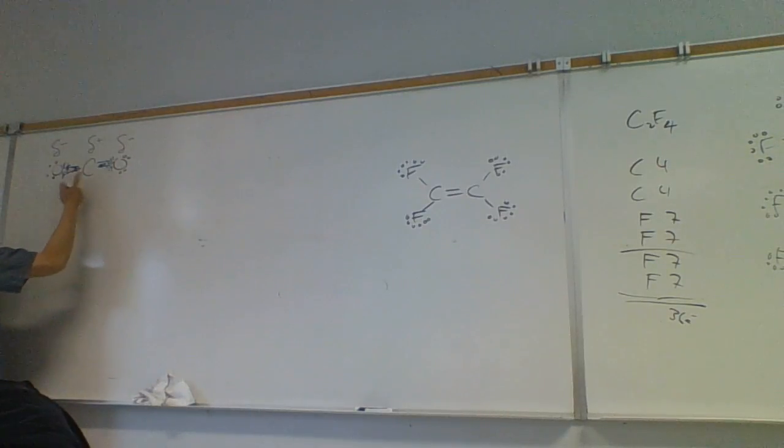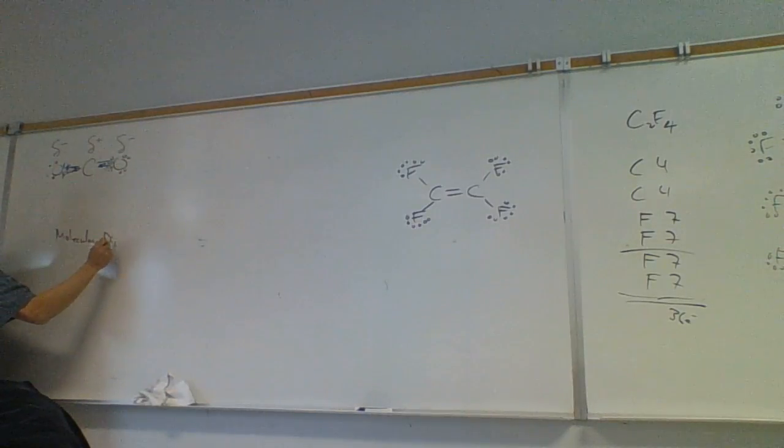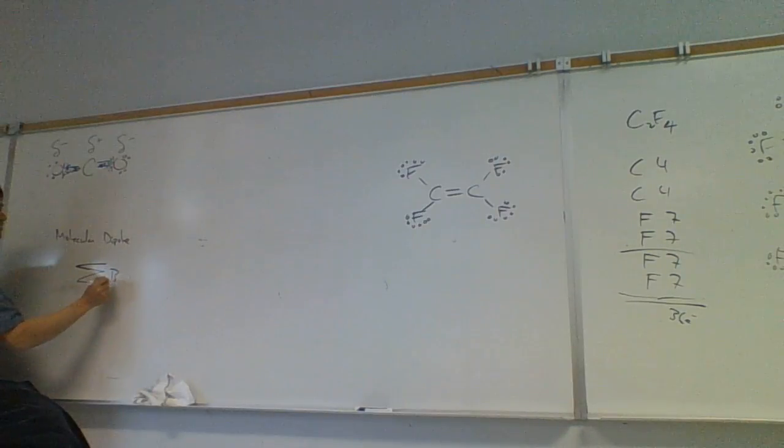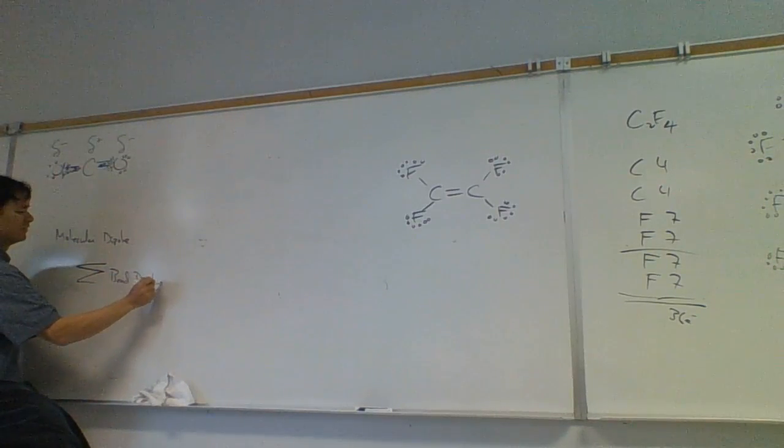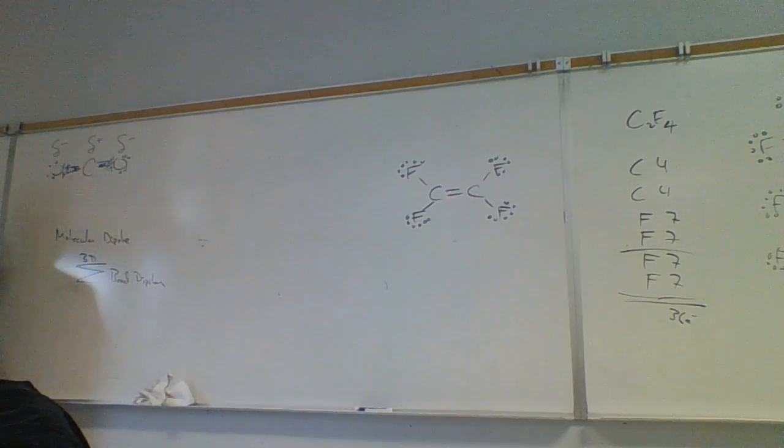So we can have bond dipoles like this, but a molecular dipole equals the sum of the bond dipoles over 3 dimensions. So what you have to do is add up the bond dipoles over 3 dimensions. If we add this up, they're equal and opposite.